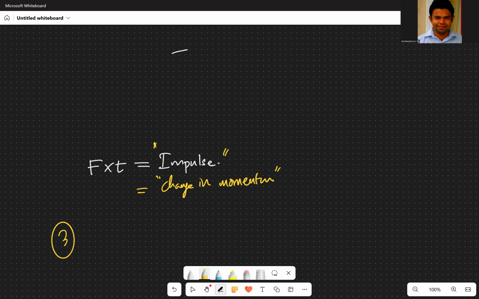How do you get that, Sanket? Area under the graph. Right. What is the shape of the area? The triangle. Triangle.